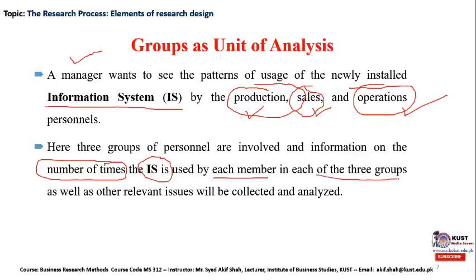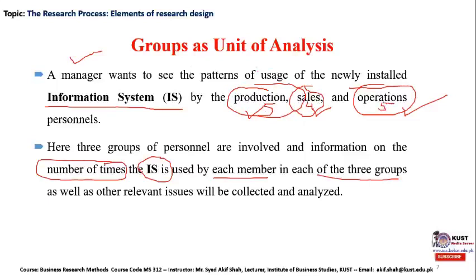For example, if there are 5 people in the production department, then how many times these 5 personnel use the information system for their official work, as well as other relevant issues, will be collected and analyzed. If such a unit of analysis is there where we are going to study the group pertaining to a specific unit, it means that we are dealing with the group as a unit of analysis.